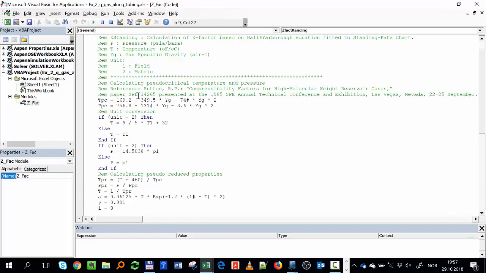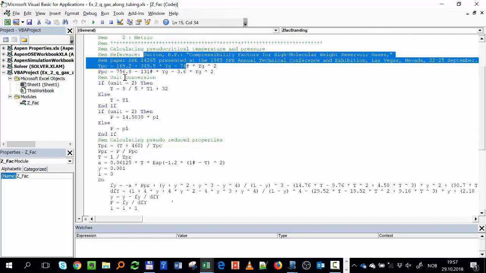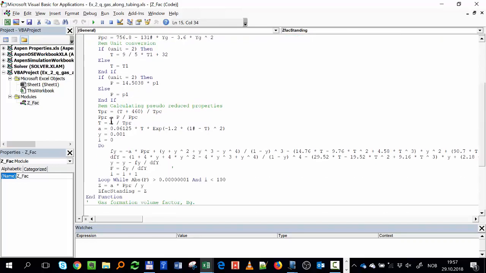Okay? And inside, you see here, what I told you initially, the calculation of the critical pressure and the critical temperature. That's using the paper by Sutton, this researcher. After I have that, I convert units. After I have that, I calculate the reduced pressure and temperature.